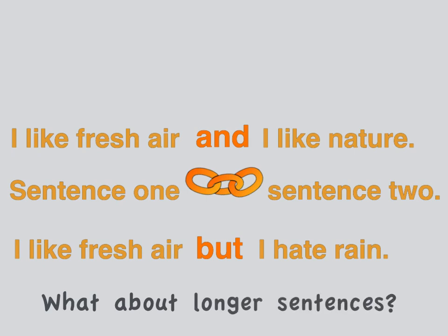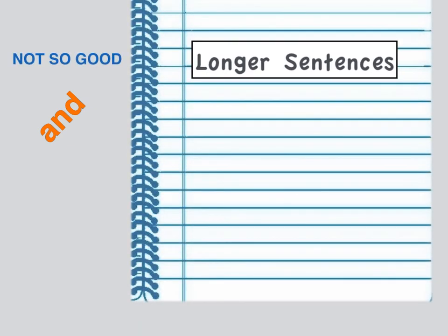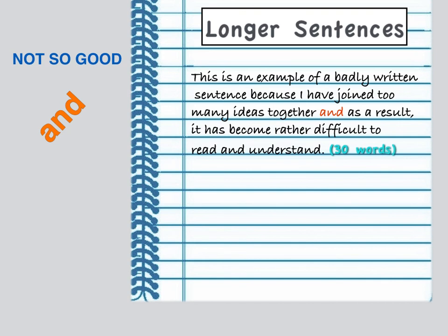But what about longer sentences? First, let's look at and. Please read the sentence. It's very long. In fact, it's too long and it has too many ideas all together. So it's very hard to read.